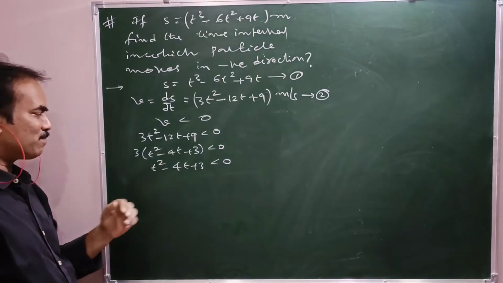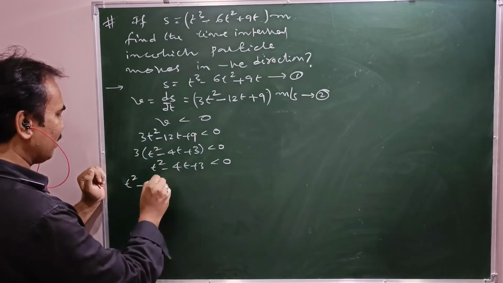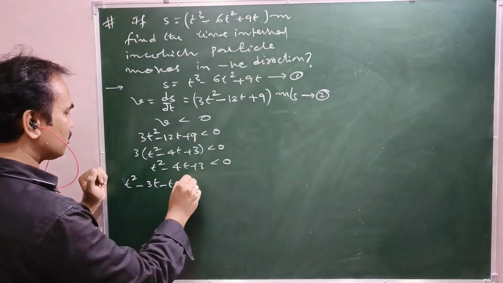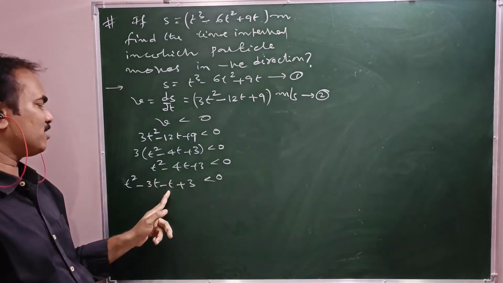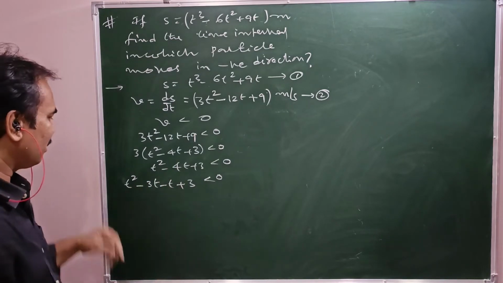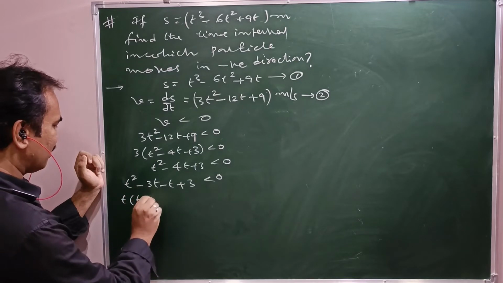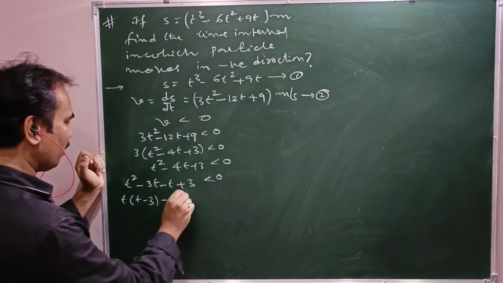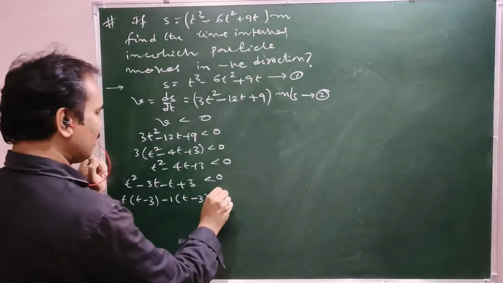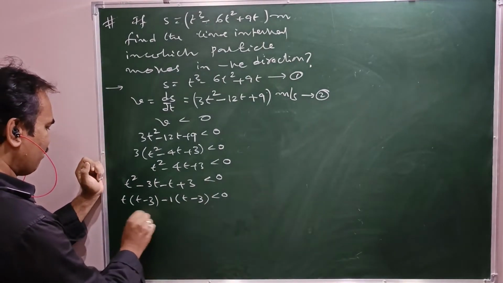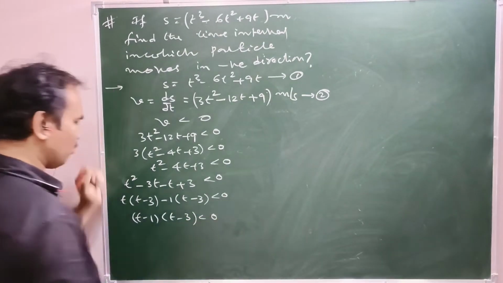This is a quadratic expression. On solving, t square minus 3t minus t plus 3 less than 0. Here minus 4t means minus 3t minus t, plus 3. Here t is common: t of t minus 3, and minus 1 is common: t minus 3. That is, t minus 1 into t minus 3 less than 0.